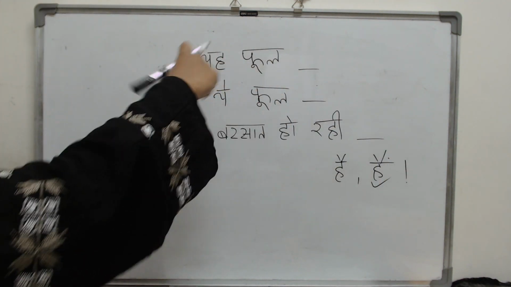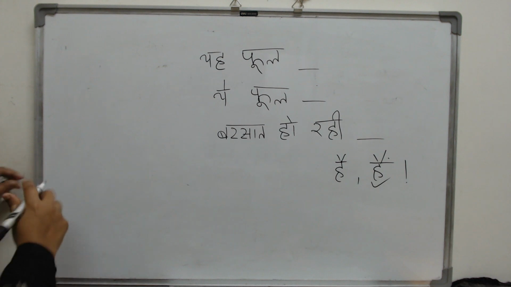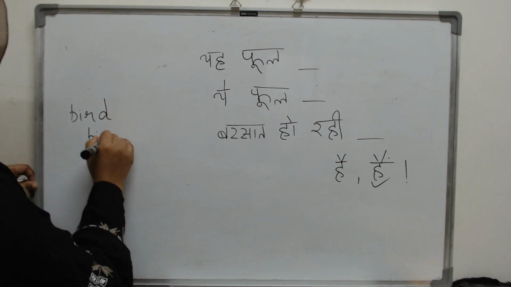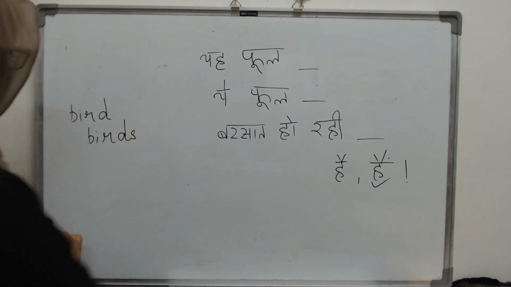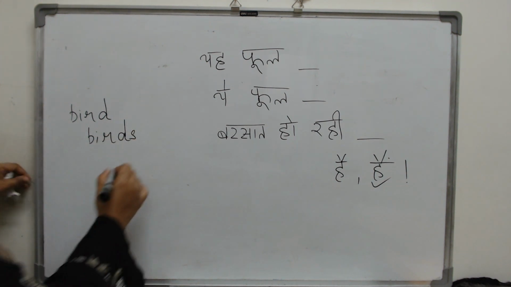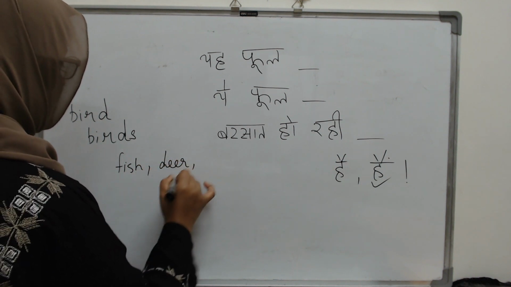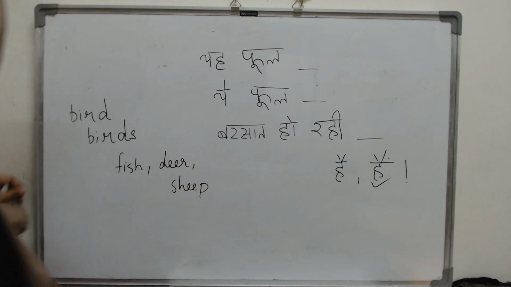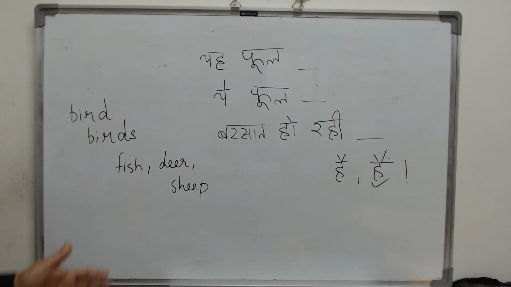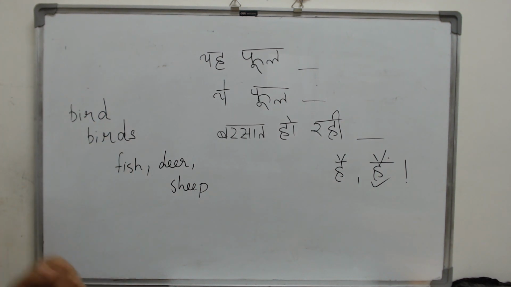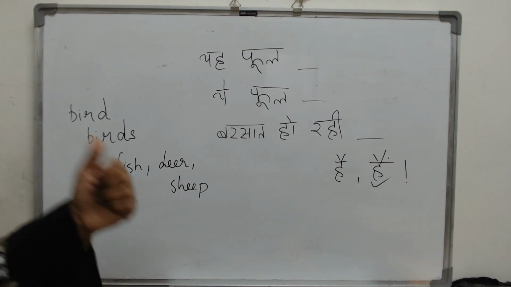But then what are these examples? Now, how do you know something is singular or plural? If I say bird, I am talking about one. If I say birds, I am talking about many. But what about the terms like fish or deer or sheep? These are used both in the singular and the plural form. Then how will you know, if I say fish, whether I am talking about one fish or many fish?